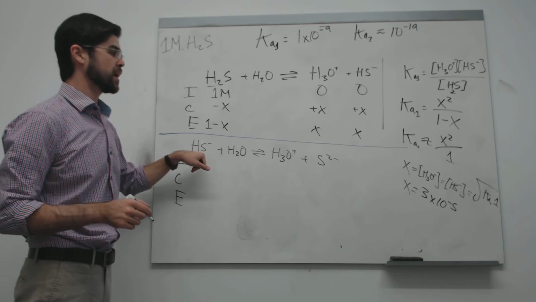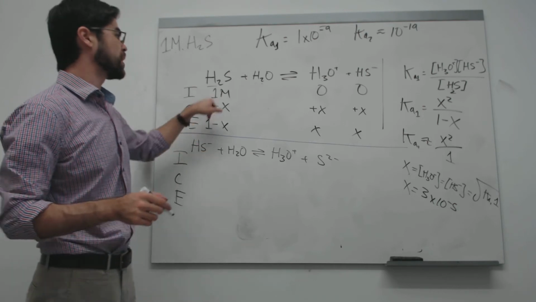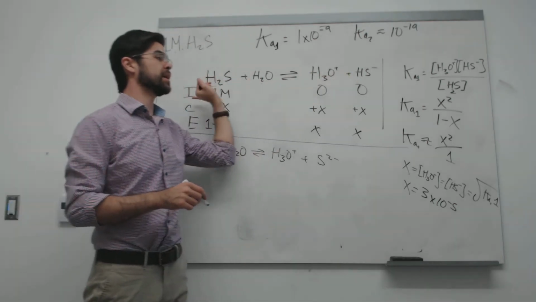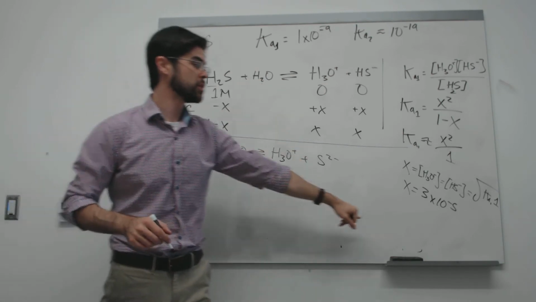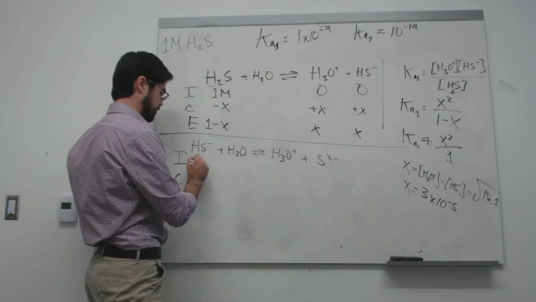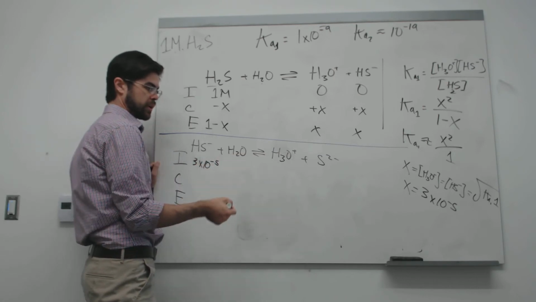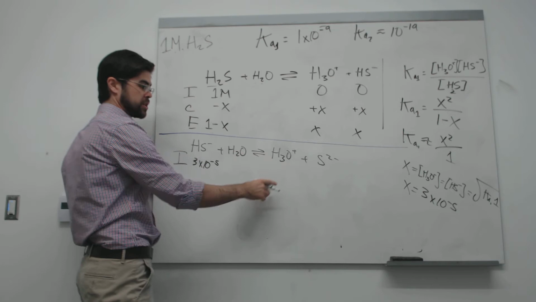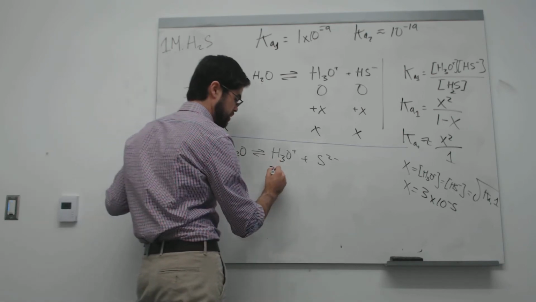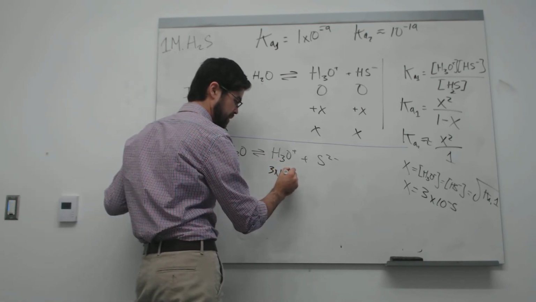My HS minus concentration is dependent upon however much HS minus I made in this first equilibrium reaction. So that should be 3 times 10 to the negative 5. Water we don't care about. Hydronium concentration is also 3 times 10 to the negative 5.